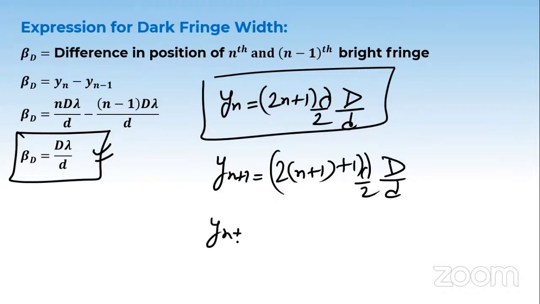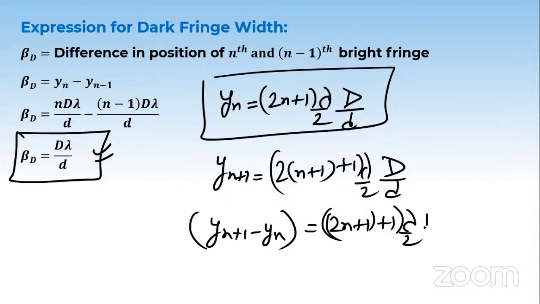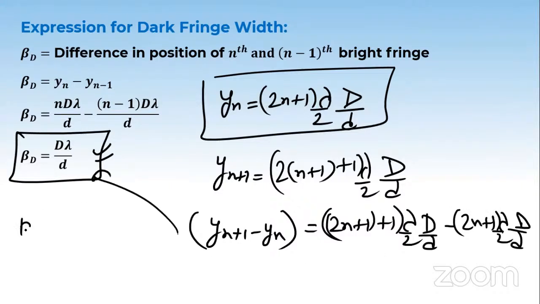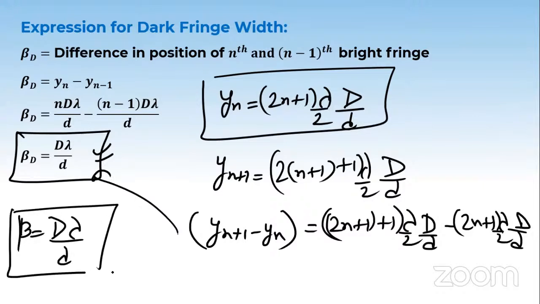If we subtract these two, we get the answer, capital D lambda by small d.